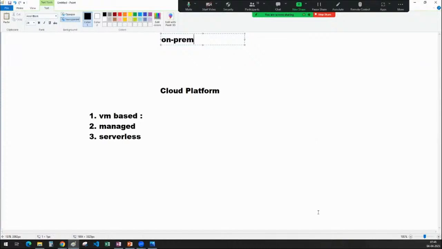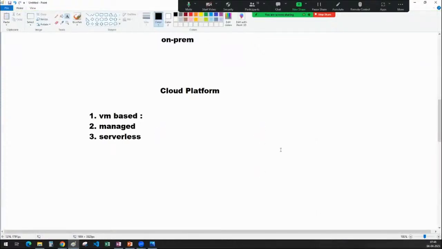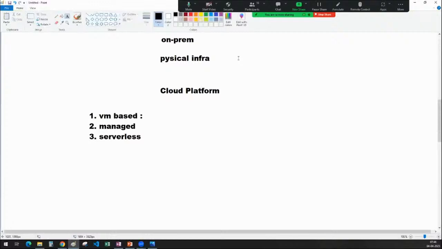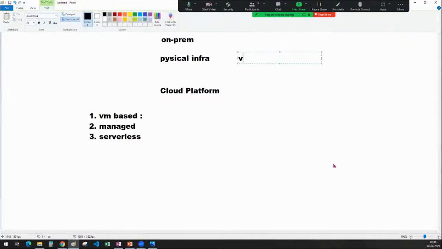In on-premises, if you want to work on any application development, you have to manage your physical infrastructure. Again, if you need a separate environment, you have to manage the virtual machines.